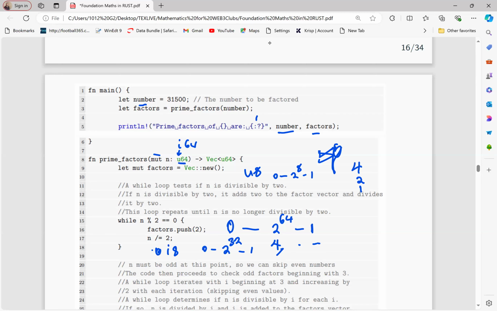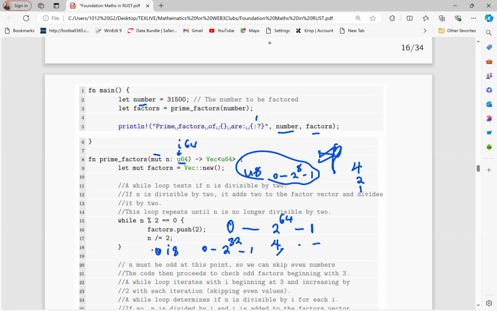Let me see, what is 2 raised to 8, then minus 1? Let's just do that so that we understand what we mean by bits. I understand we have people who are new in computer science. So when we talk of 8 bits, it's 2 raised to 8, that's 256, and then minus 1.